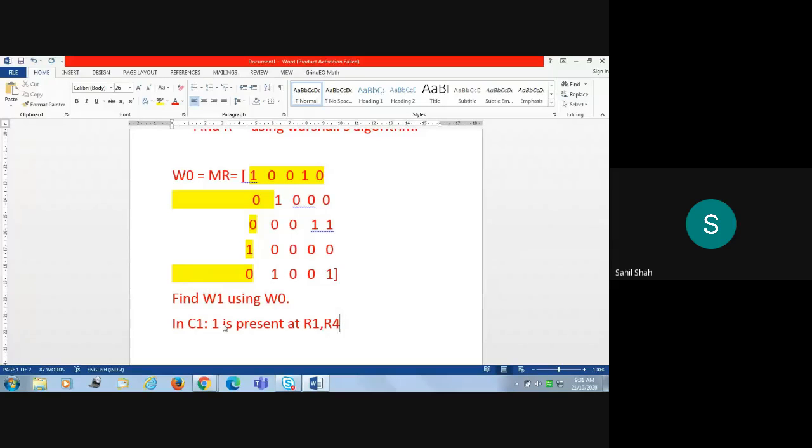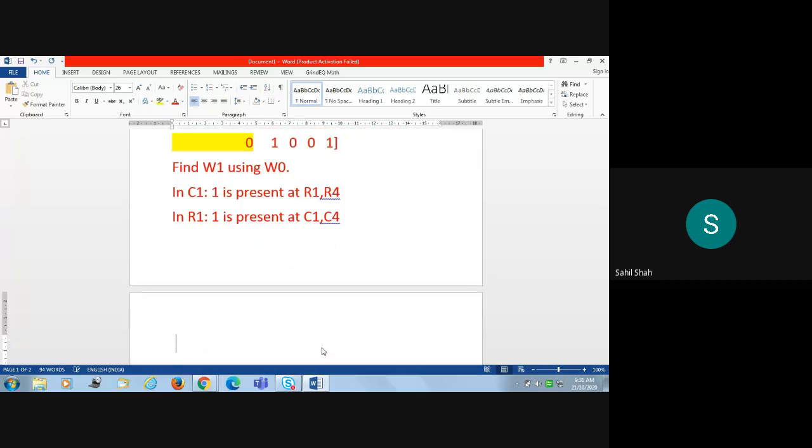Are you getting it? Those who are not getting, let me know. Yes, Pallavi has also given R1, C1. In C1, I have R1, R4. In R1, 1 is present at C1 and at C4.